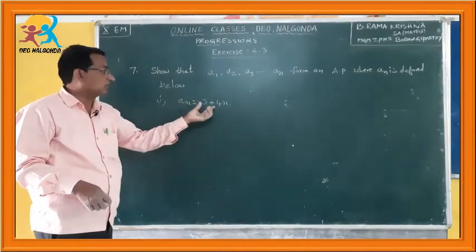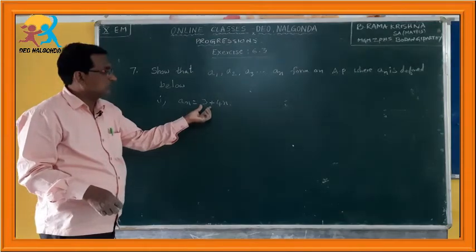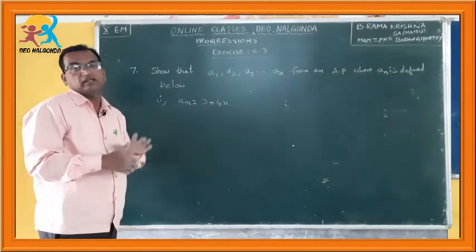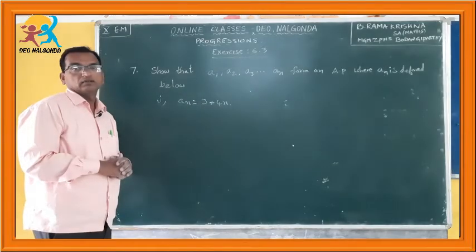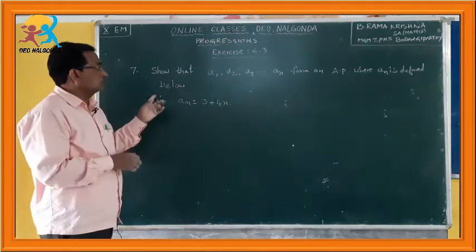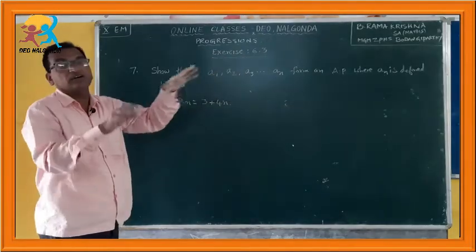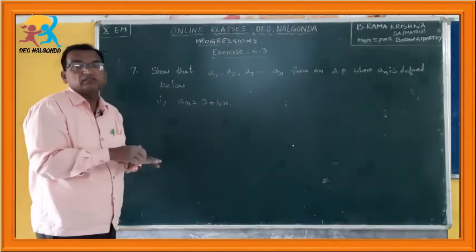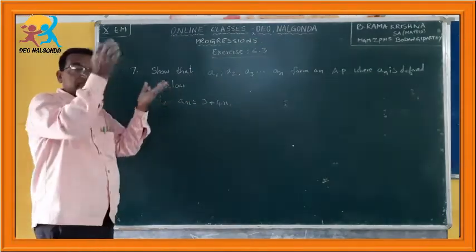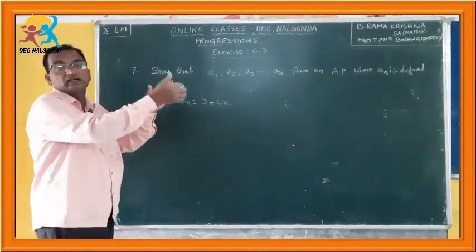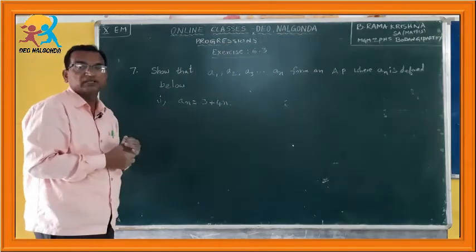The nth term is not a number, he gave us as 3 plus 4n. So, a variable is involved here. Now, he is asking us to show that A1, A2, A3, An form an AP. That means you have to find A1, A2, A3 and then later show that they are in AP, they form an arithmetic progression.